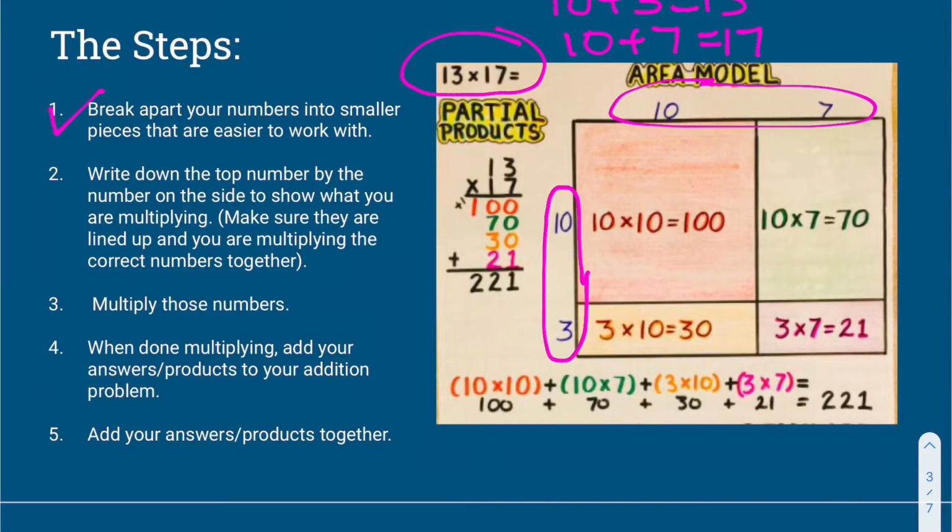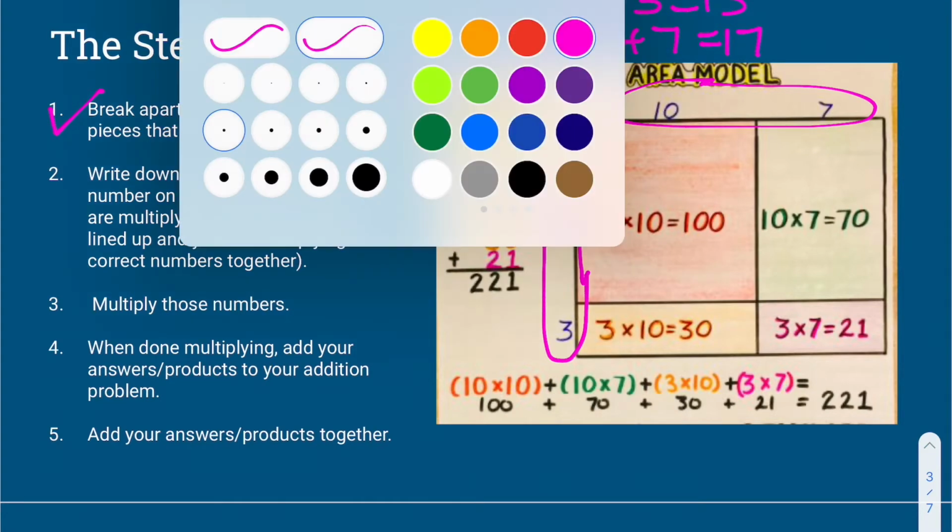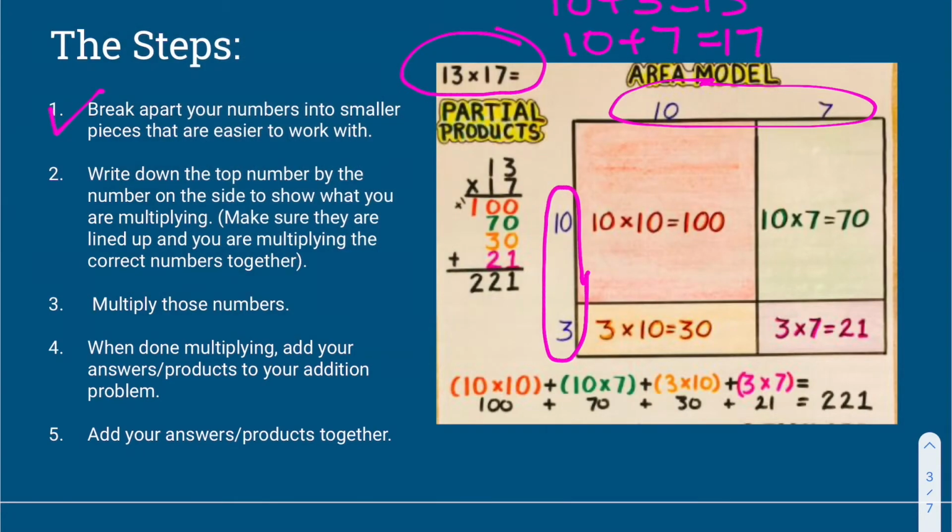Step 2 is to write down the top number by the number on the side. So what this means is you have to make sure you're lining up your boxes. And if you look here, their first box is here. They took the 10 above and the 10 from the side to make their problem 10 times 10.